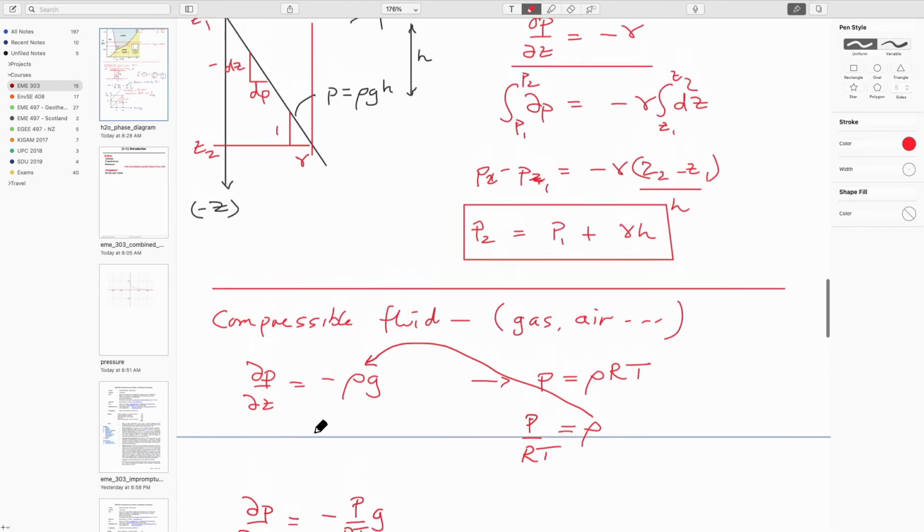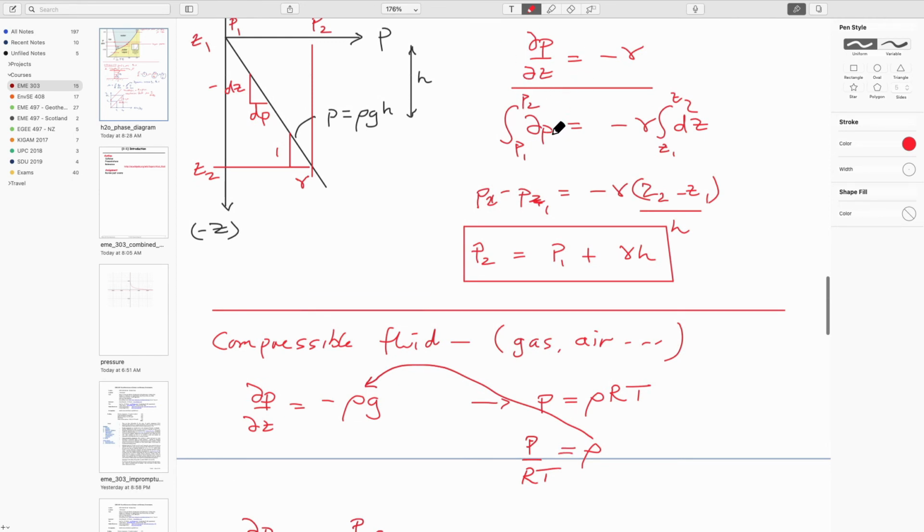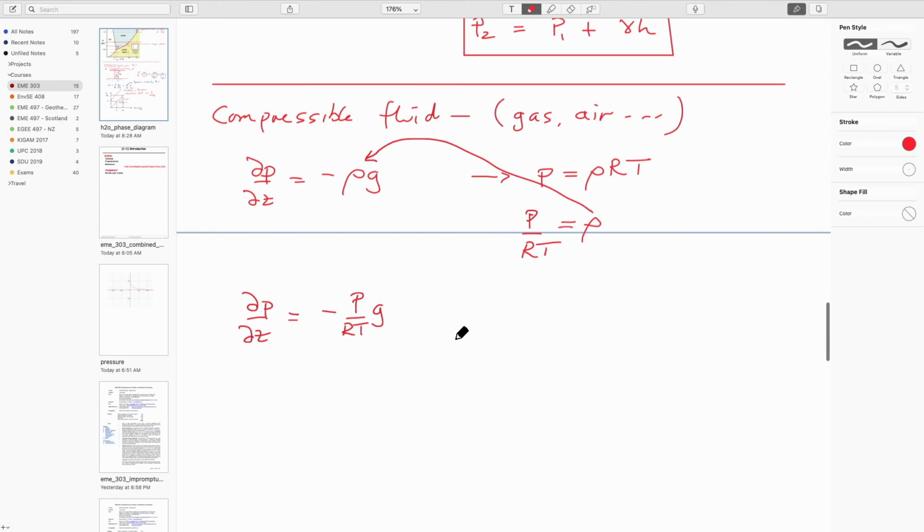And we can do exactly the same as we did before. We can split this partial differential into two parts. And if we do that, we end up with dP. We'll take this pressure over the left-hand side, and that is going to be equal to dz times g over RT.